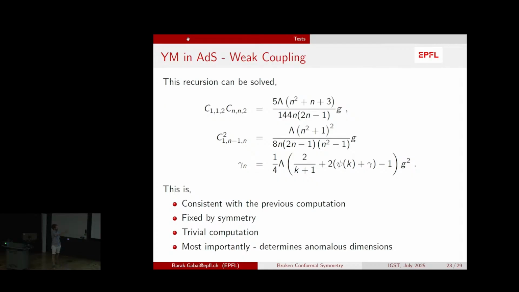And then we also have a new prediction, the anomalous dimension, which is what we wanted to be able to determine from the beginning, and was very hard to do with Witten diagrams. So we are being rewarded for looking at the symmetry more carefully in this case.